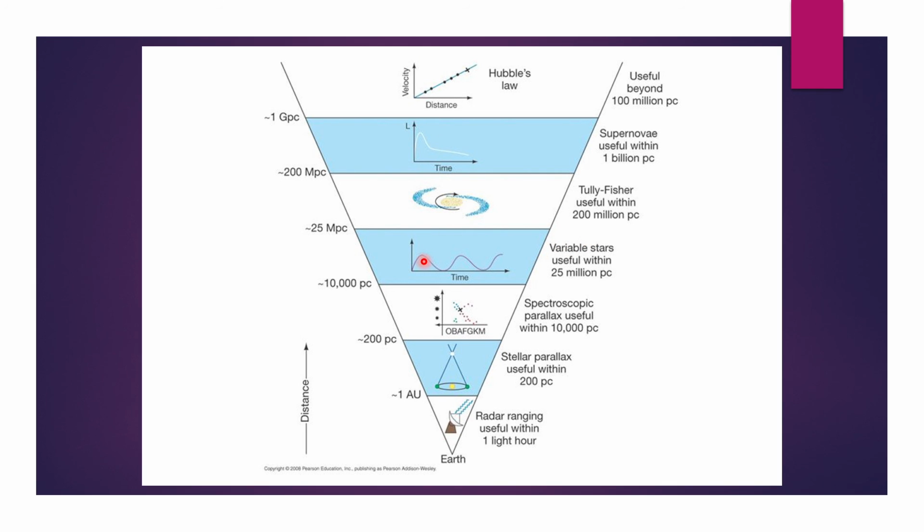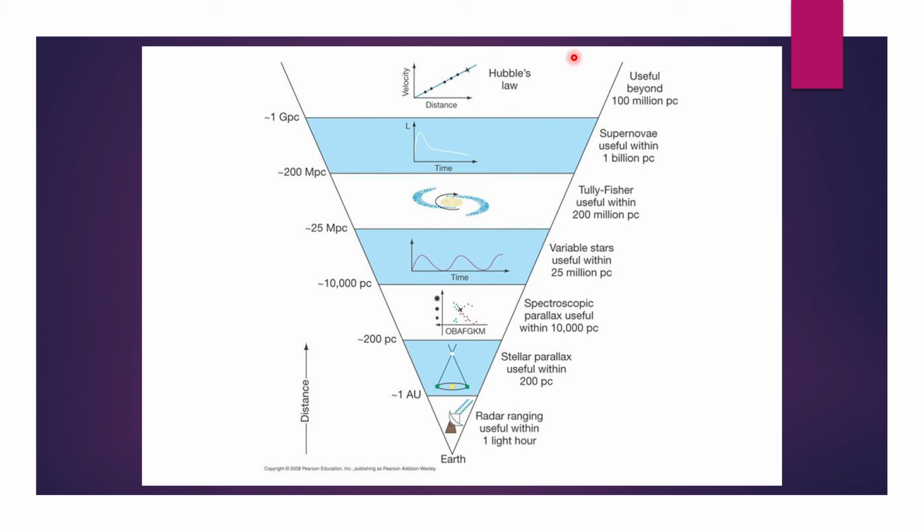The Cepheid variable method is useful within 25 million parsecs. If the object is farther away than that, one has to use the galaxy rotation rate, which is useful within 200 million parsecs. For an object farther away than that, one can use the type 1a supernova explosion method, which is useful within 1 billion parsecs.